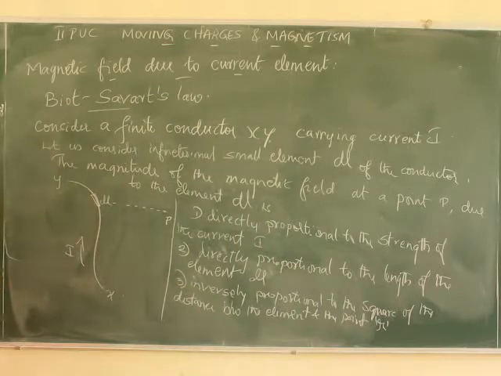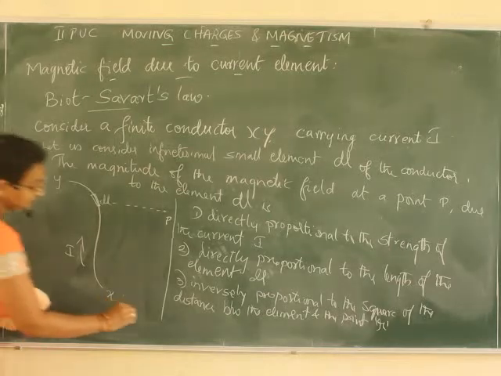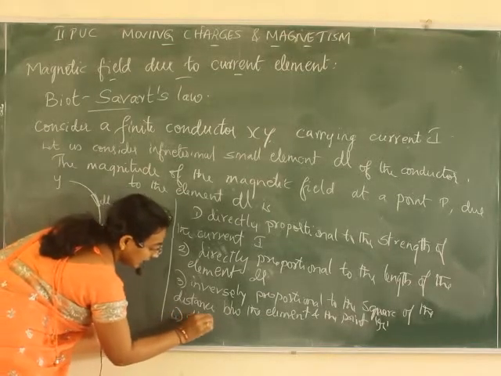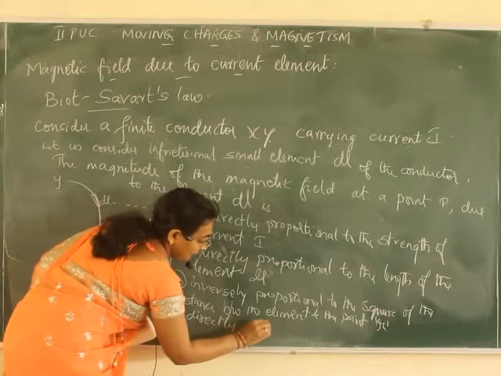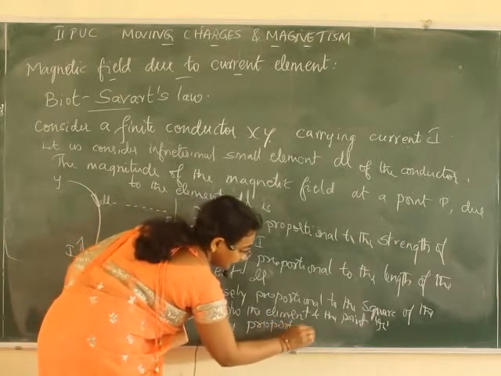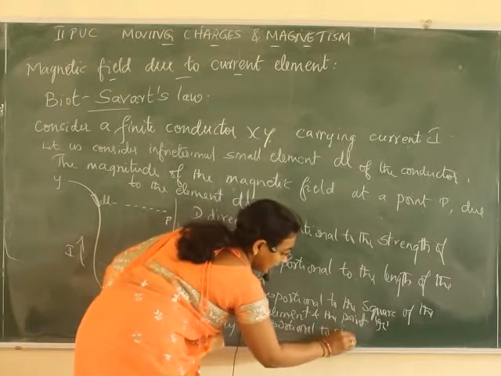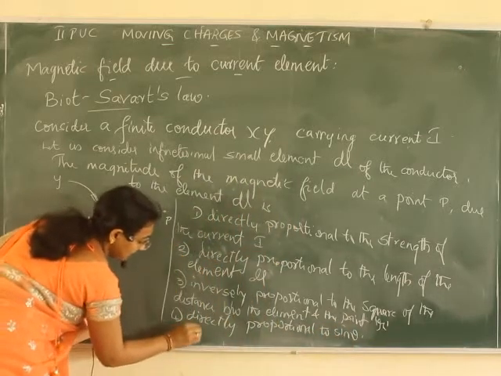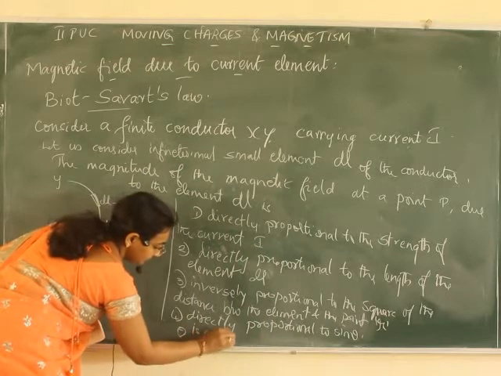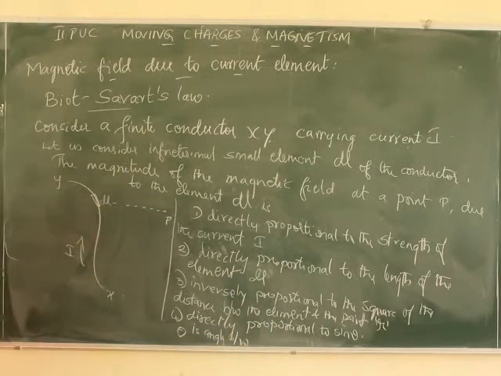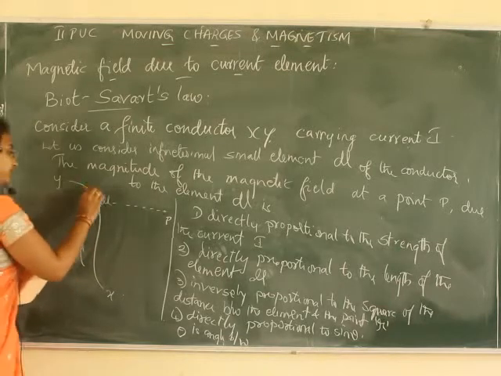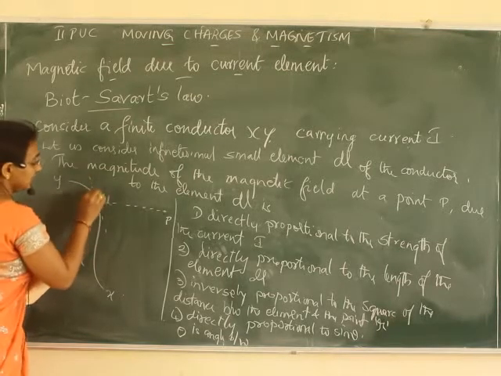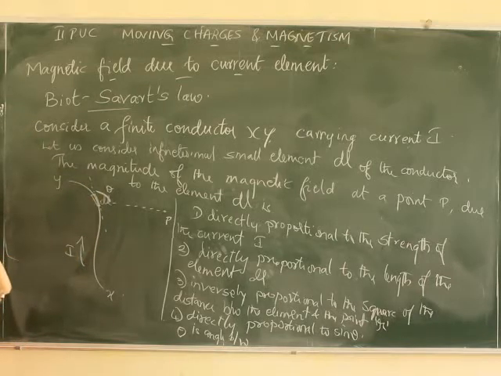Last, the fourth point, it is directly proportional to sine theta, where theta is the angle between, can you imagine, what is theta? Theta is the angle between the r and, see, if we draw a line here, this is nothing but theta.